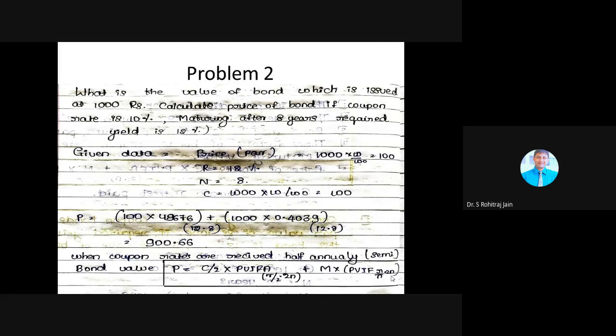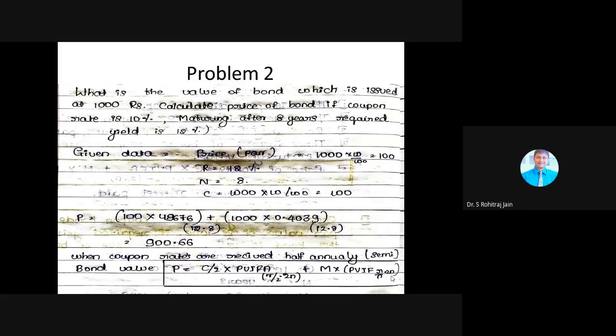If I add both of them, I get 900.66, or you can say nearly equal to 901. Clear, students?